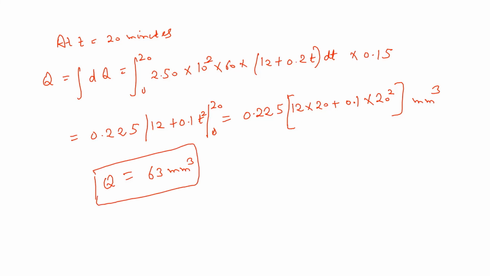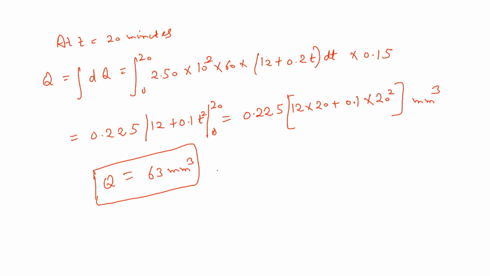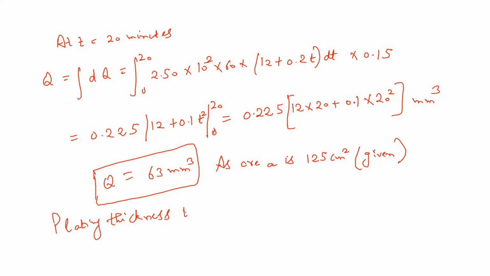Now since the area which has been given is in centimeter square, as the area is 125 centimeter square in the question, the plating thickness would be 63 divided by 125 × 100, so it would become 0.00504 mm.